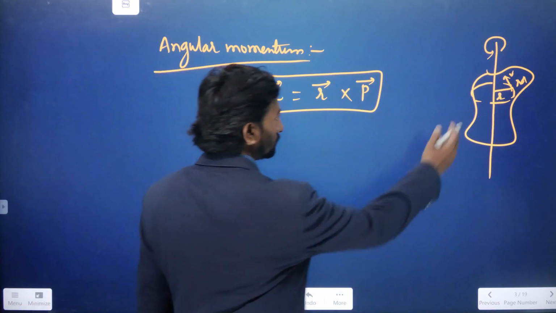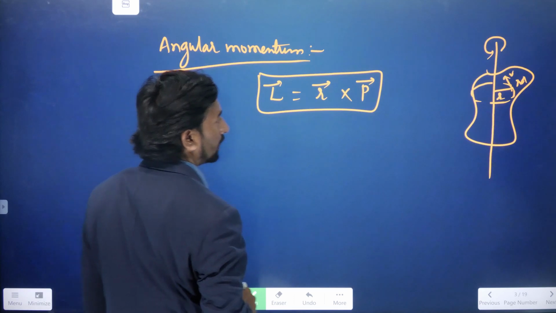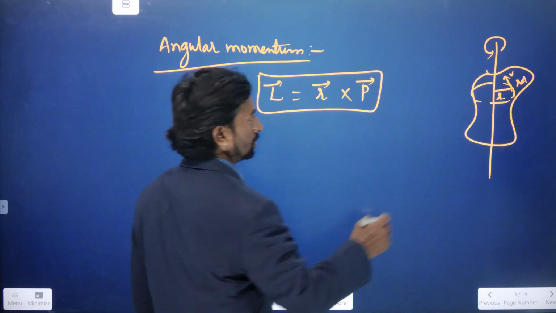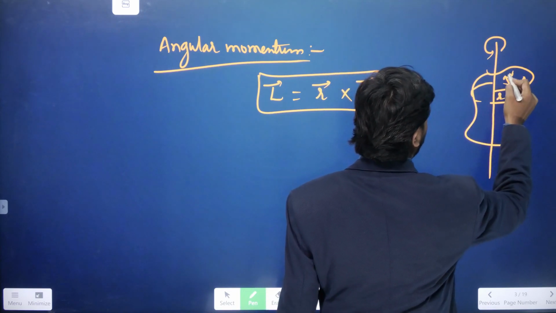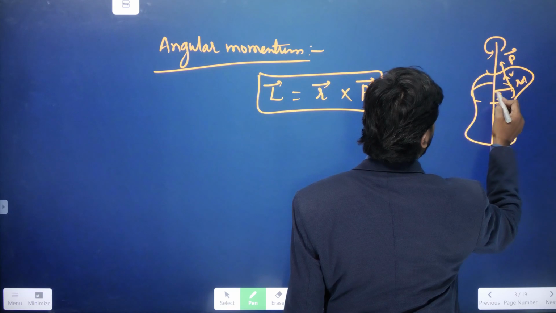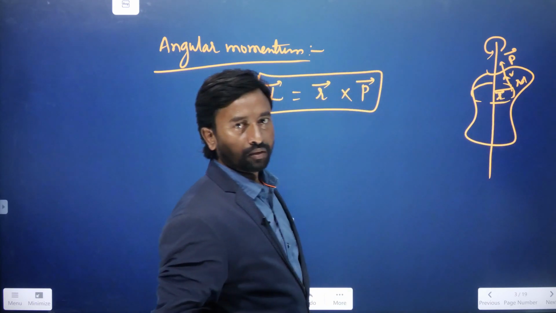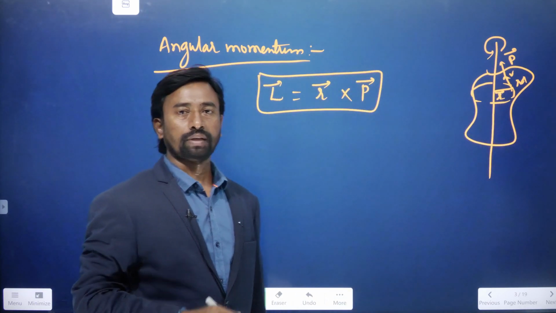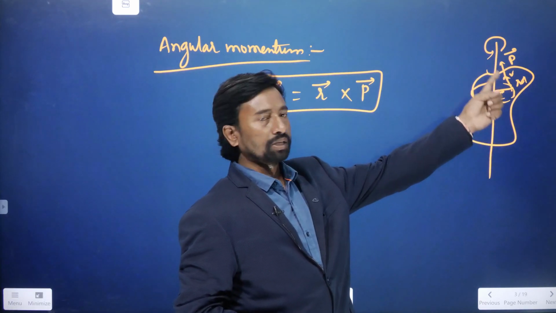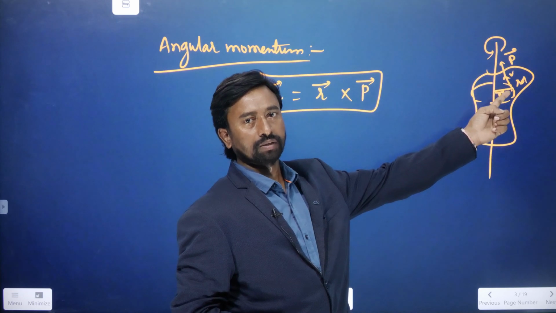Now the angular momentum acting on the particle can be written as follows. If it is moving in this direction, then there is a linear momentum in that direction, and here is the perpendicular distance. Whenever the particle moves about the axis of rotation, the linear momentum acts in the direction of the motion, that is, the direction of the velocity of the body.